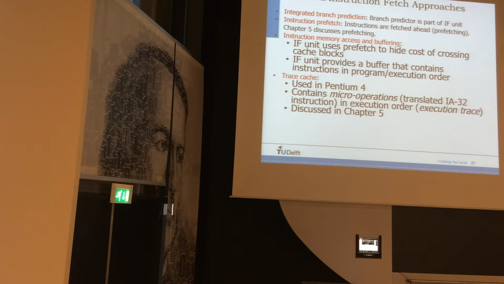You know, this is the layout of the program in the memory. If this is in this way, when you fetch instructions, you fetch here sequentially, and then when you arrive here, you have to jump.